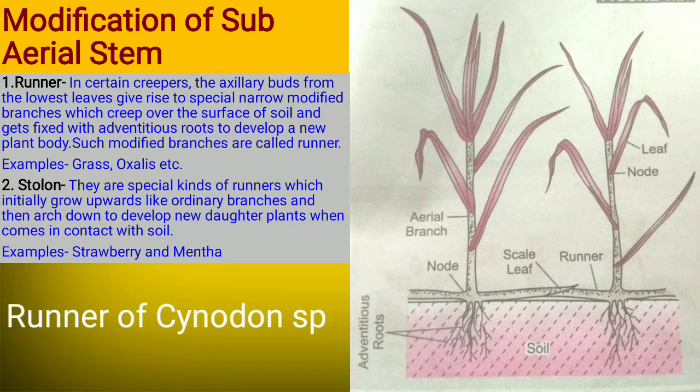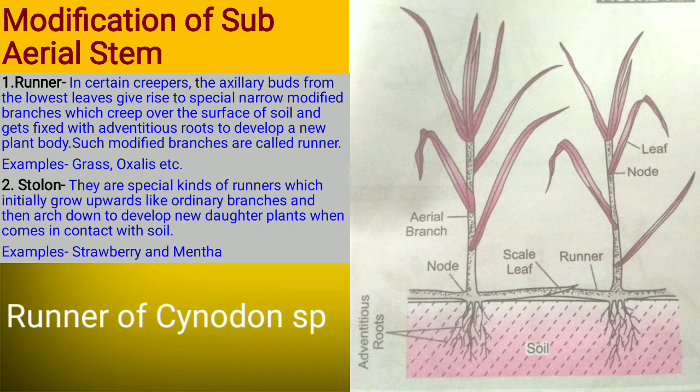So as you have seen in the diagram, a part of the stem has arisen just above the ground and it has bent down and runs over the surface of the soil. That means it creeps over the surface of soil, and such plants are called creepers.